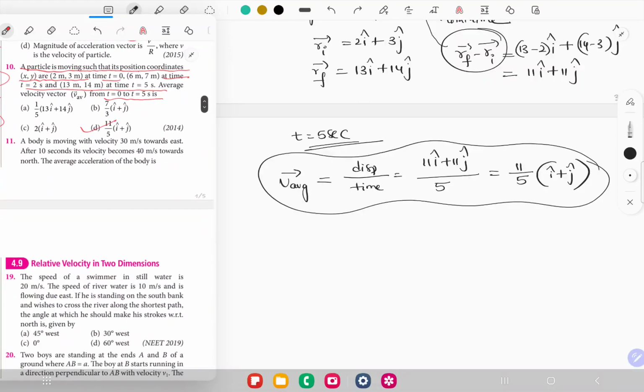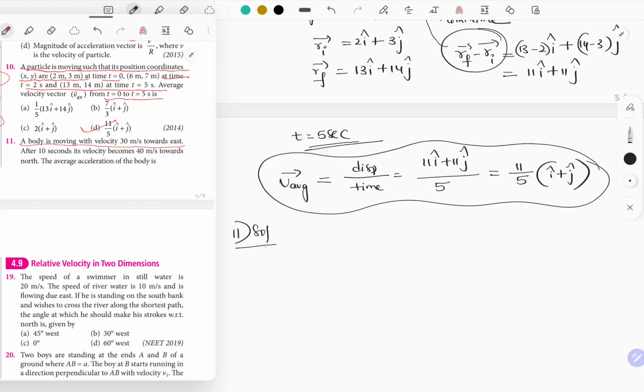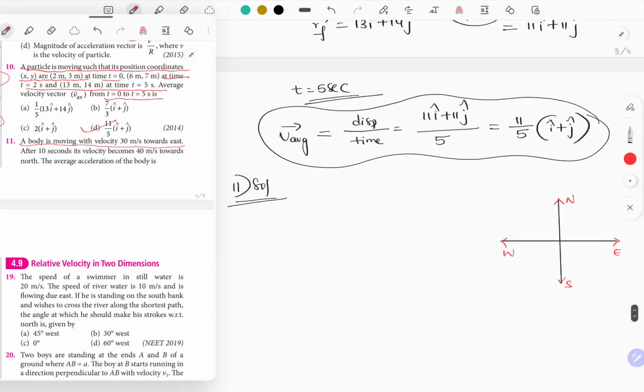Next, a body is moving with a velocity 30 meter per second towards east. Question number 11. Solution. Let me take the reference direction. Let's say this is east, west, north and south.